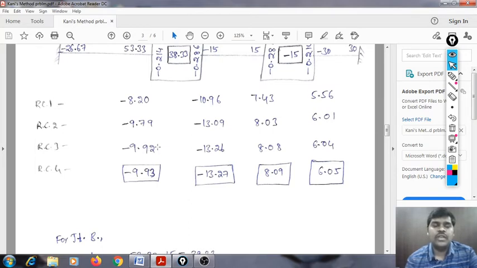That is, when you look here, minus 9.92 and this is minus 9.93, and here we have minus 13.26 and here minus 13.27, and 8.08, 8.09, 6.04 and 6.04.